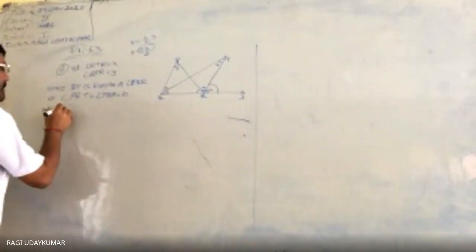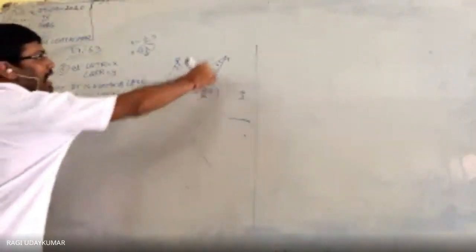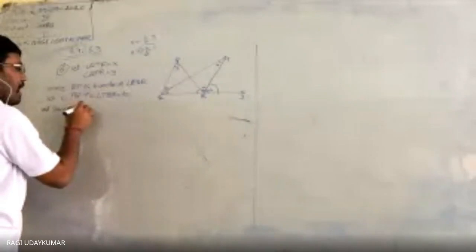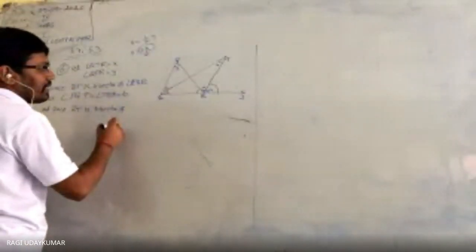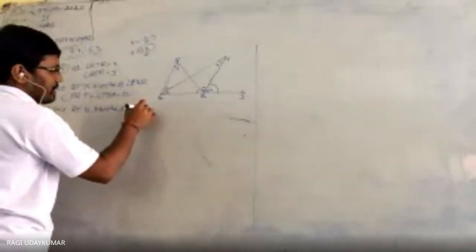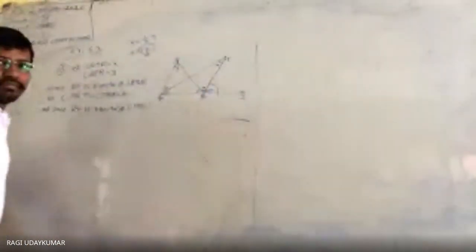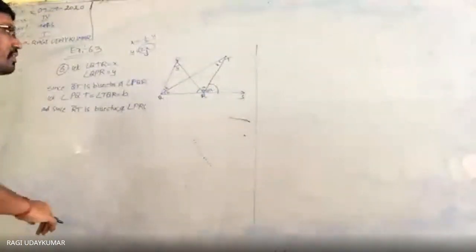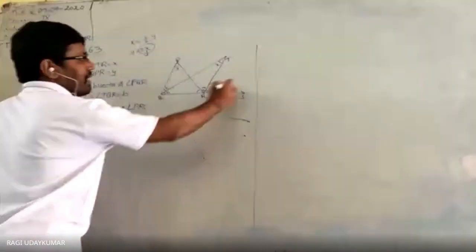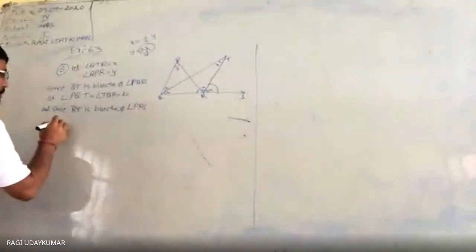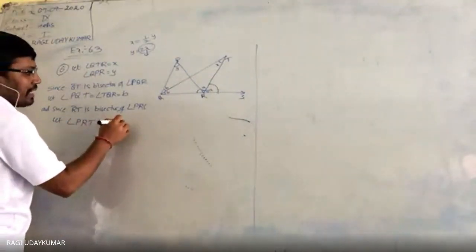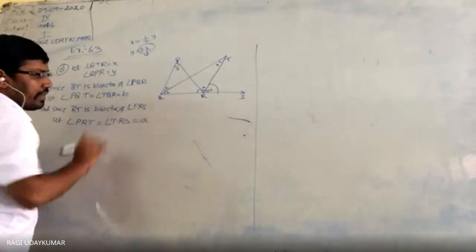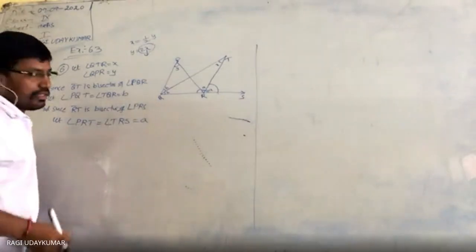And since RT is the bisector of angle PRS, let angle PRT is equals to angle TRS is equals to a. I have considered this.